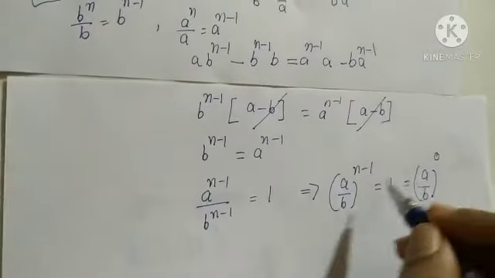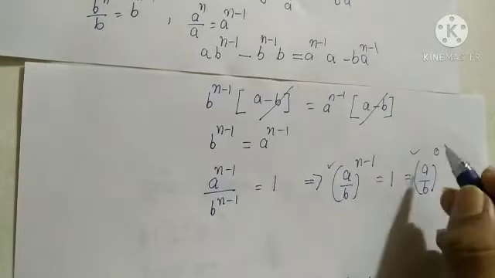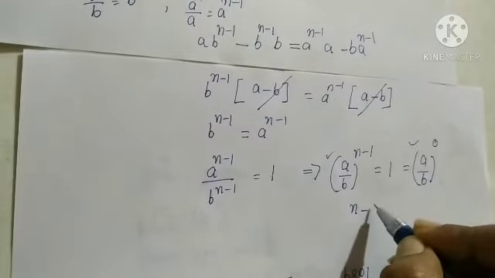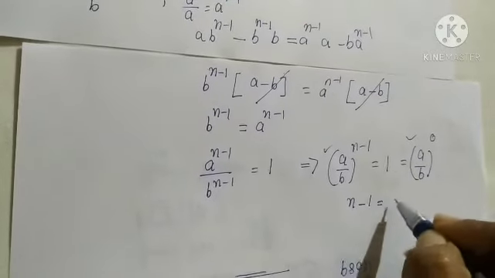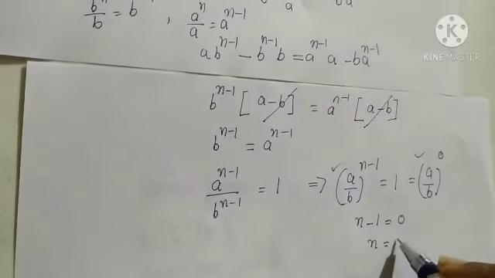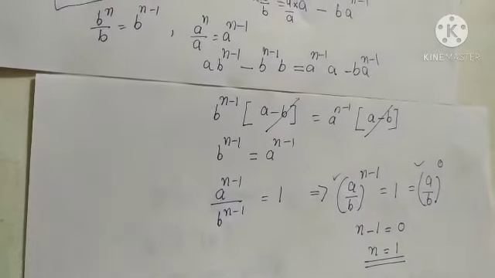So comparing these two terms, here the base is common, so the powers can be equated. So equating the powers, n minus 1 equal to 0. From this we get the value of n is 1. Okay, I hope you understood this question.